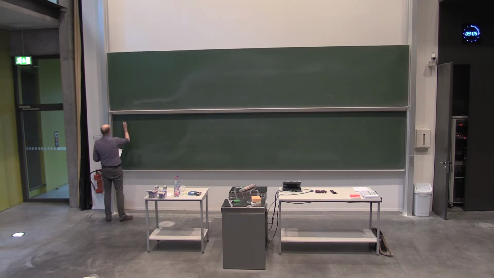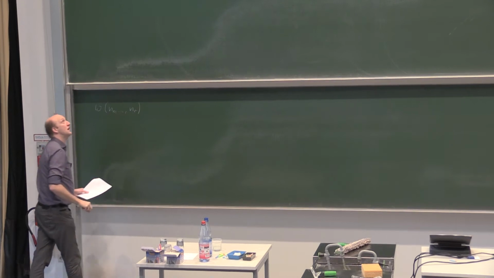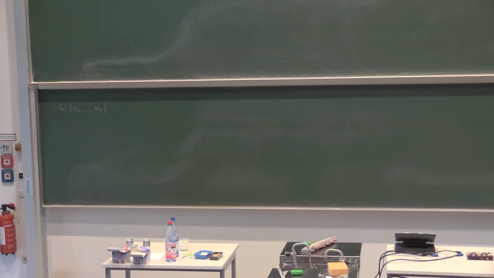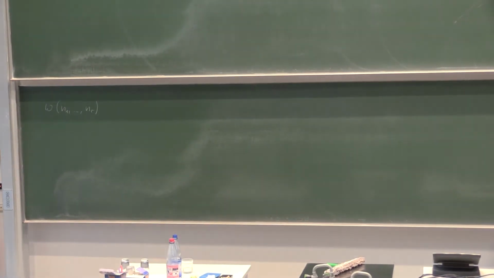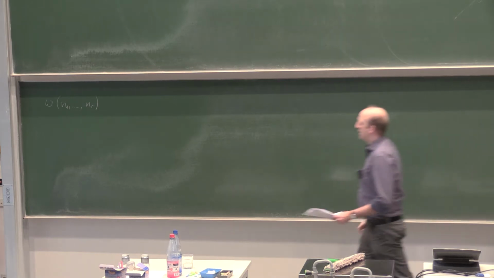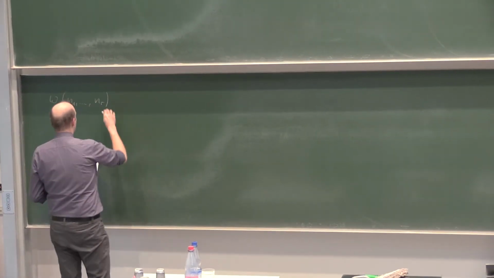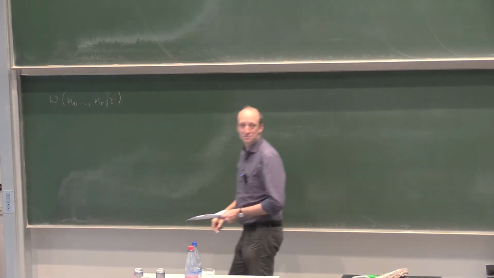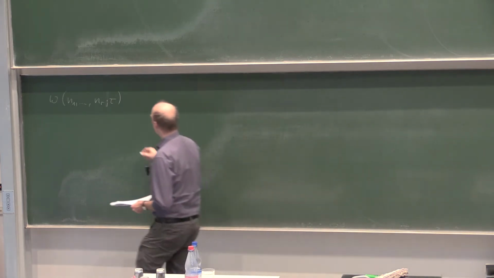So I had defined omega of n1 to nr, and added the tau explicitly in order to make sure that it's clear we are having a function here.